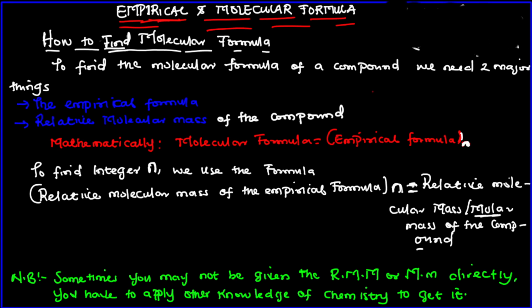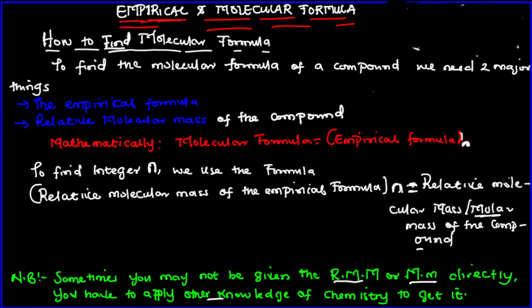Now I wrote it here that note that sometimes you may not be given the relative molecular mass or the molar mass directly. You have to apply other knowledge of chemistry to get it. This is where the question becomes very tricky for some of us.